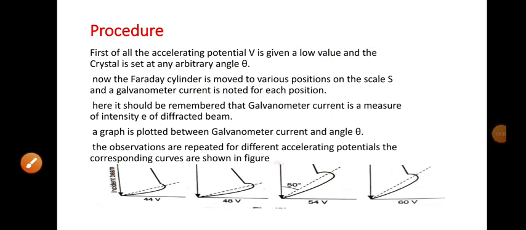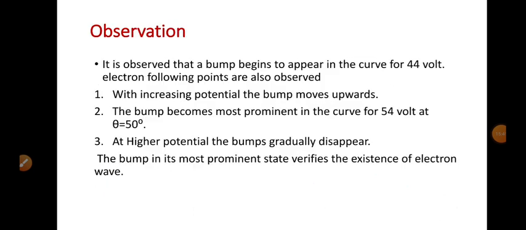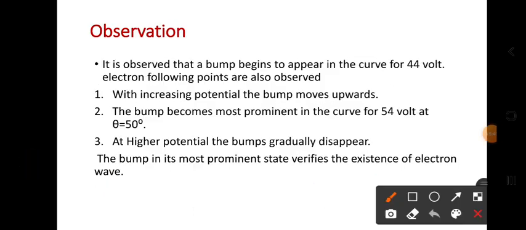Next point. The procedure and observations: what we observed by this experiment. It is observed that a bump begins to appear in the curve for 44 volts. Actually the bump starts at 44 volts only, and you can see it in the diagram.